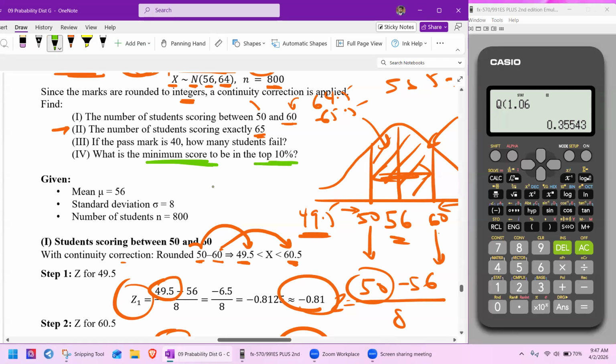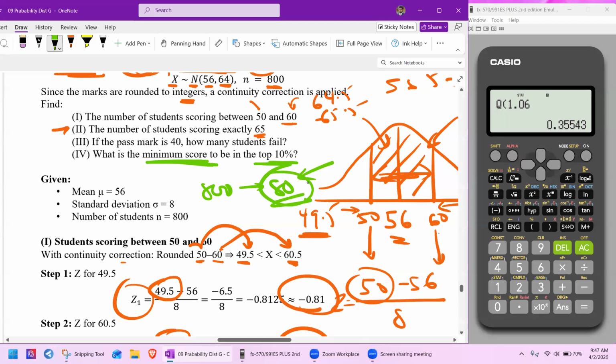For example, here there are 800 students. Top 10 percent means only 80 students will get the chance of getting admission to the university.